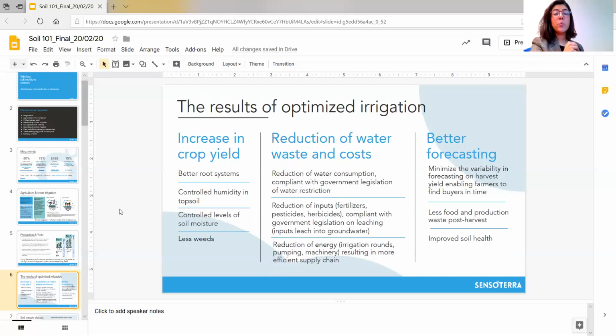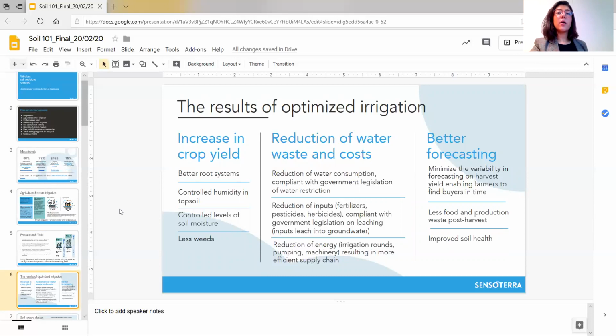Also, you control humidity in topsoils, so you know that you are not going to over irrigate or under irrigate. You control the levels of soil moisture, and also you can see fewer weeds because the soil is not as humid as it was with over irrigation.